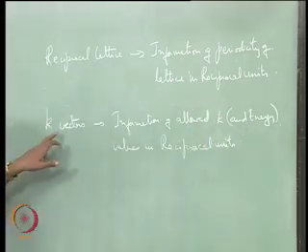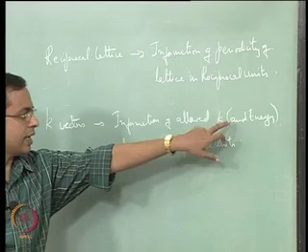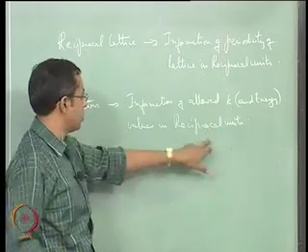So the k vector captures information of allowed k and therefore allowed energy values in reciprocal units.